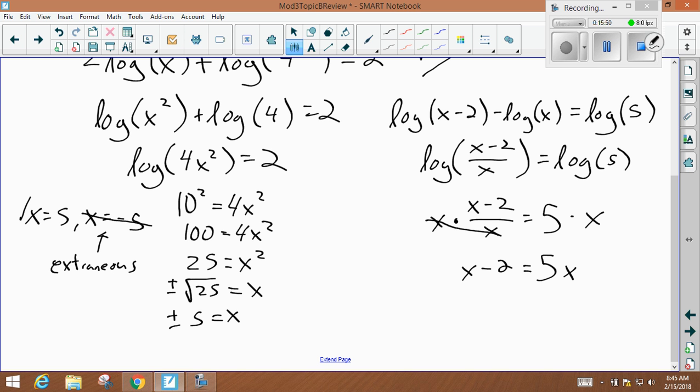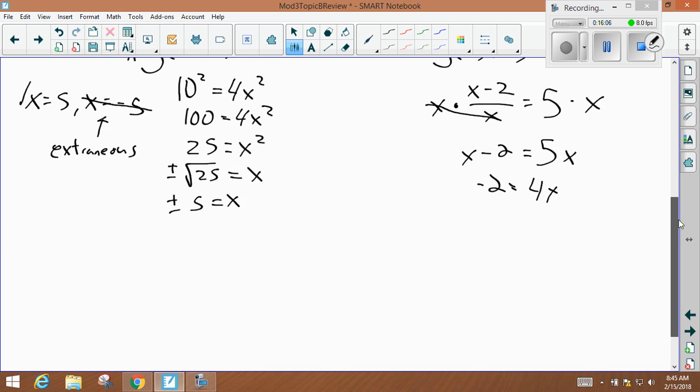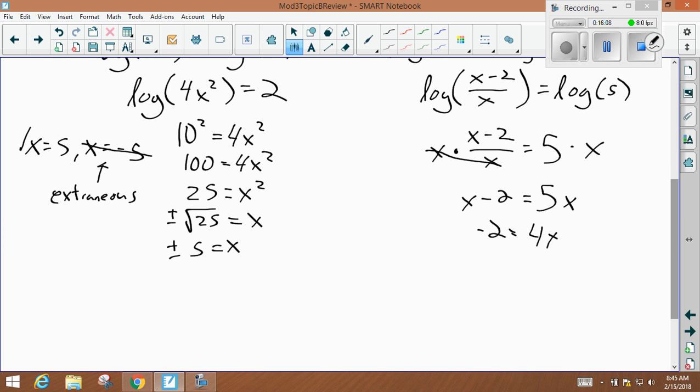So I'll subtract 5. Sorry, I'm writing with my left hand, it's messing me up. I'm going to subtract x from both sides. So I get negative 2 equals 4x. Alright, divide both sides by 4, and you get that x is equal to negative 2/4, which is the same thing as x being negative 1/2.